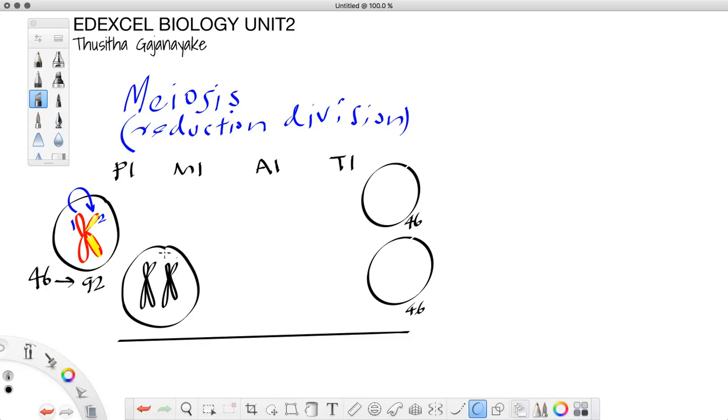So they exist in pairs. These are the homologous chromosomes. And homologous chromosomes are not identical, but they are very similar to each other.